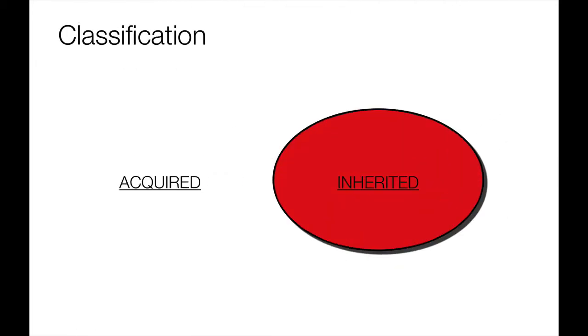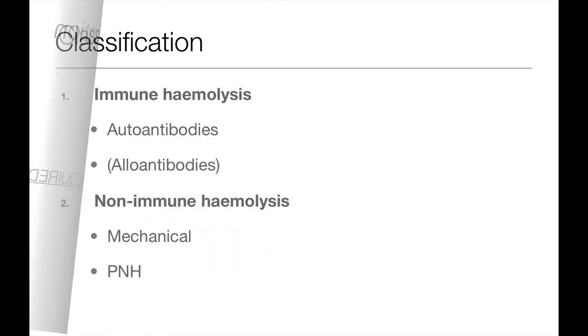So that was just a quick overview of the major hemoglobinopathies: sickle cell disease, and alpha and beta thalassaemia. Let's now look at acquired hemolysis. As mentioned previously, these acquired defects tend to be due to a problem outside the cell. They can be subclassified into immune hemolysis and non-immune hemolysis.